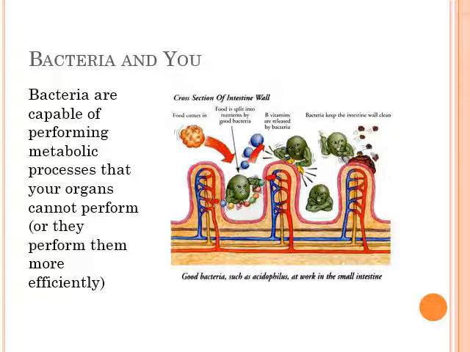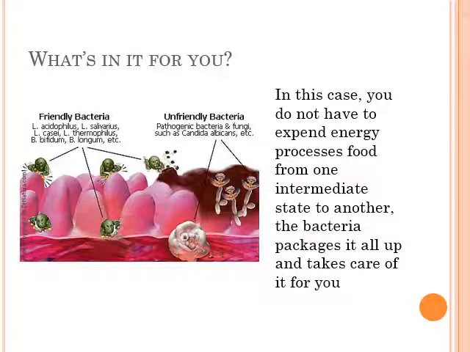And those bacteria do a great job of breaking down the food that you can't break down. They break it down very efficiently. They get some energy from that, and then once they've broken it down a little, they pass the broken down piece to you that you can further break down. They're like good bacteria. So you don't have to expend any energy to break the food down, and the bacteria get some food from that.